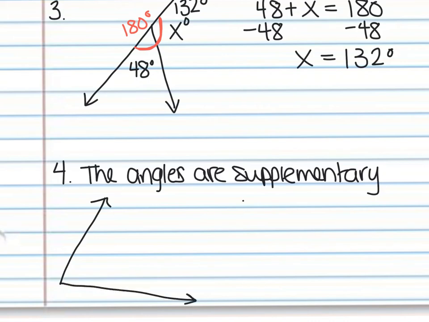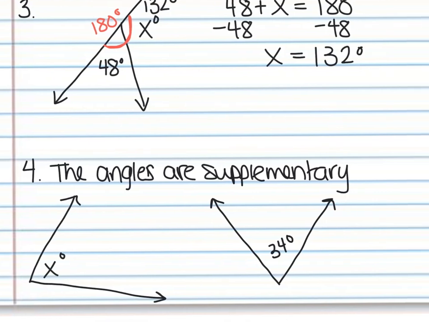There's one, and there's the other. I know they're supplementary because the problem tells me they are. So we're going to say this one is 34 degrees, and we need to find this one.